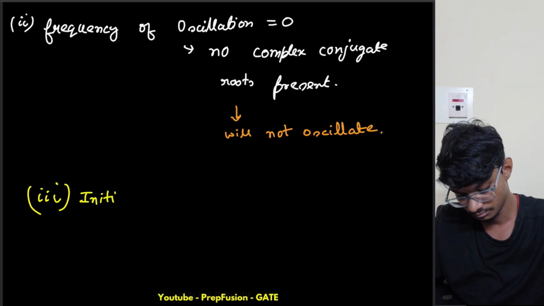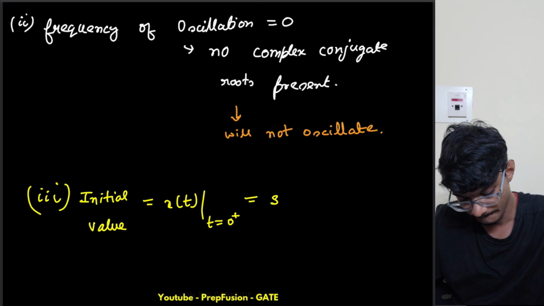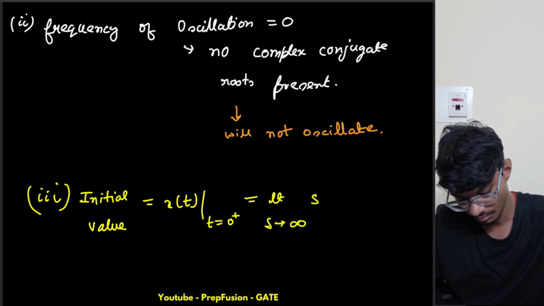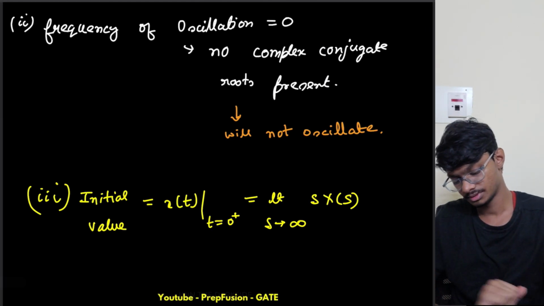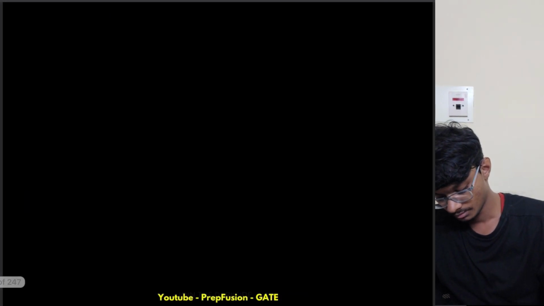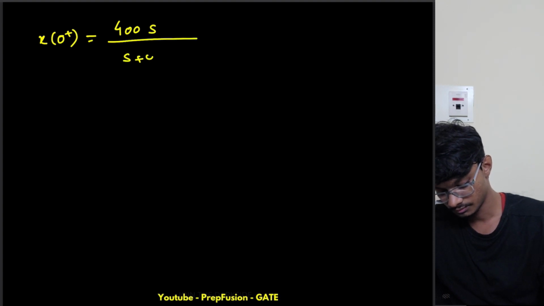Initial value, again we'll use the initial value theorem. x of t at 0 plus equals X of s, basically 400 s by s plus 4 divided by s plus 1.